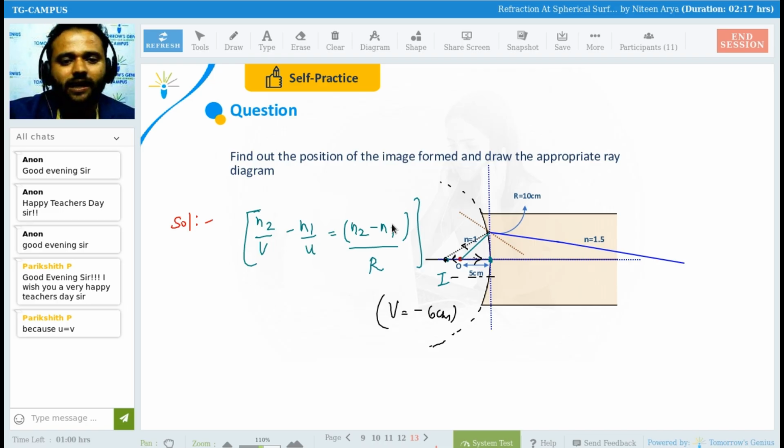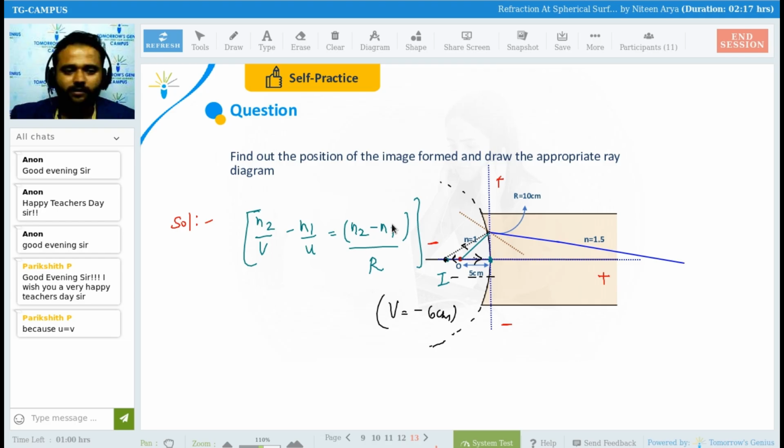Every time you need to take care of this. Right hand side is going to be positive, upper side is going to be positive, left hand side is going to be negative, and downward too. One important thing also is which particular kind of spherical surface, which particular kind of lens we are using. And for this particular reason itself, the radius of curvature of a concave lens is going to be negative.